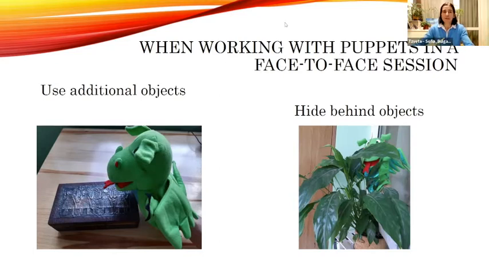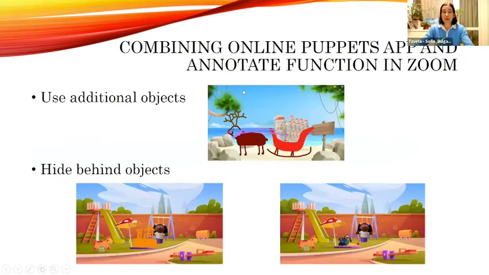So I started experimenting, and I found out that I can combine the online Puppets app and the annotate function in Zoom, because I carry out my sessions in Zoom. So here, it is possible to draw on top of the screen with the Puppet app open.